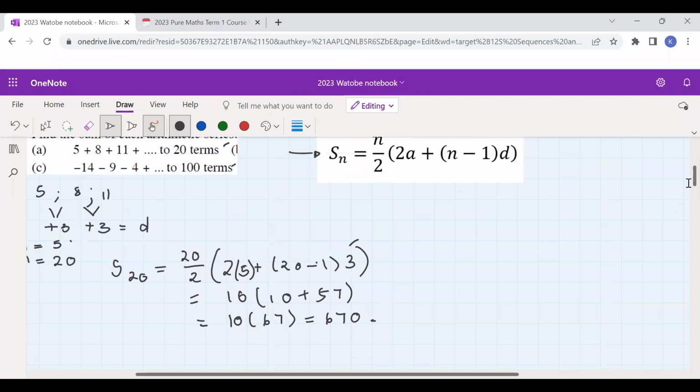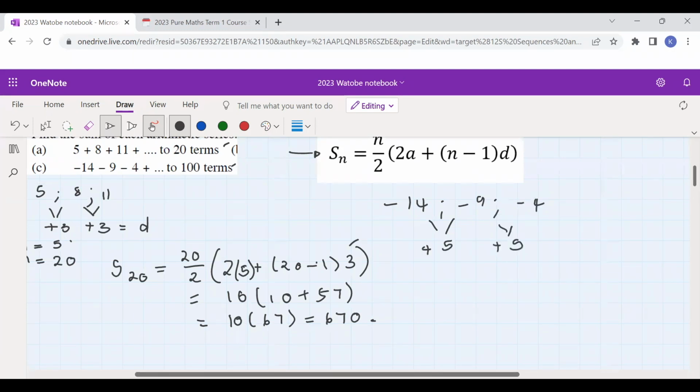Okay, let's try the second one. I see you guys have given me an answer, thank you. Let's find out. So how do we get from -14 to -9? We add 5. Okay, we are in consensus with that one.